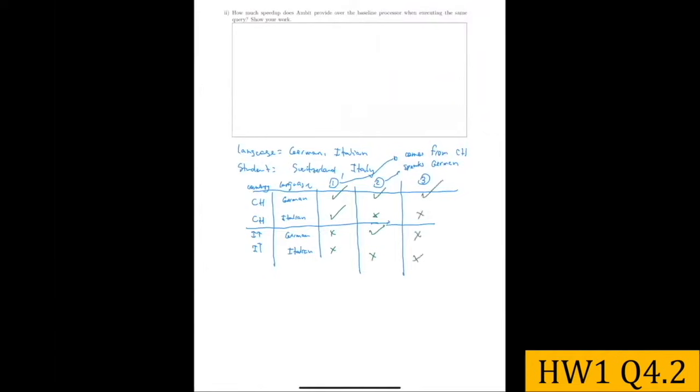So the first query that you're going to execute is going to be this one over here, right? Is with the country. And then you're going to have your database with CH, Italy, and your query is pretty much CH, right? You want the person to come from Switzerland.